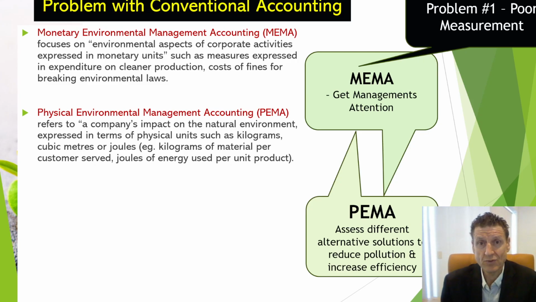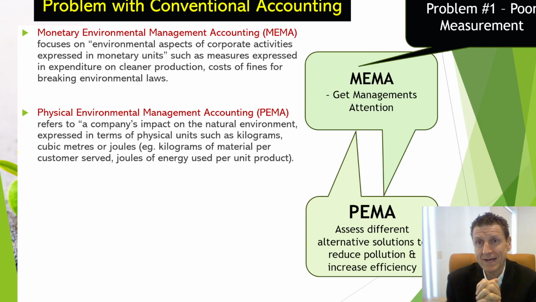And the board of directors, first of all, they're going to think, okay, that's a great idea, but what are the costs and benefits? They want to know that if you're going to invest $200,000 in this machine, all right, what is the payback in 1 year, 2 years, 3 years time? You see, they want to know the monetary aspect of some physical initiative, and so that's why MEMA is very important.